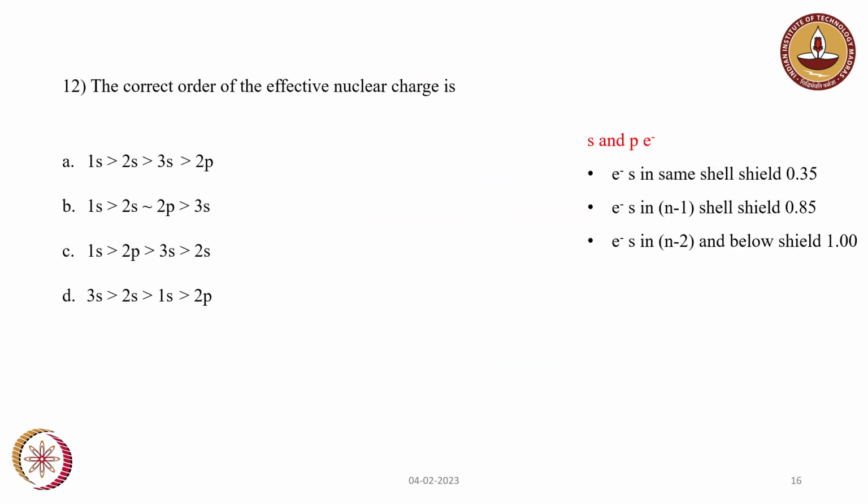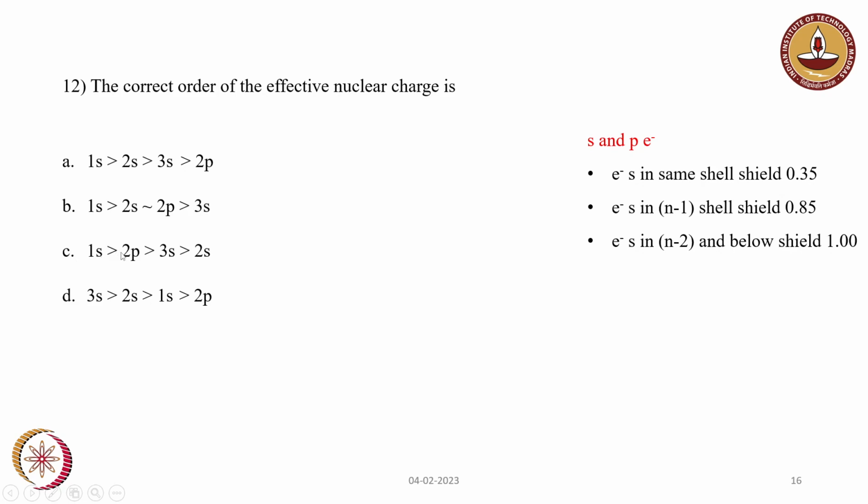And the next question, the correct order of the effective nuclear charges. Given A: 1s greater than 2s greater than 3s greater than 2p. B is 1s greater than 2s and 2p nearly in the same energy, and it's greater than 3s.